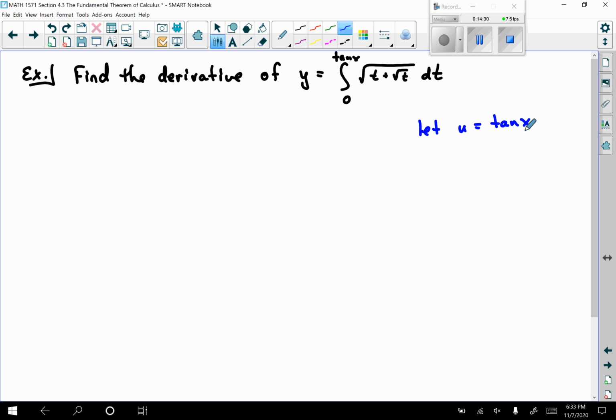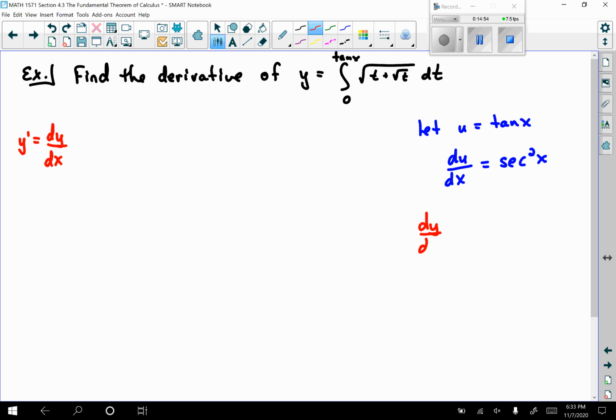I'm going to just call it a different variable. But now we have to actually take the derivative of this. So then du over dx, the derivative of tangent x, is going to be secant squared x. Now what I'm looking for is y prime, which is dy over dx. So I need to connect these pieces.